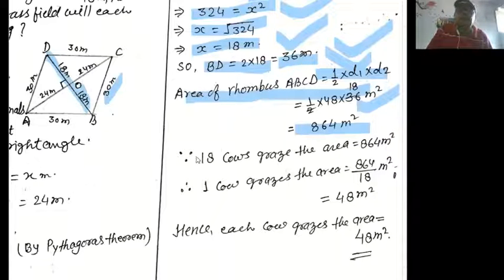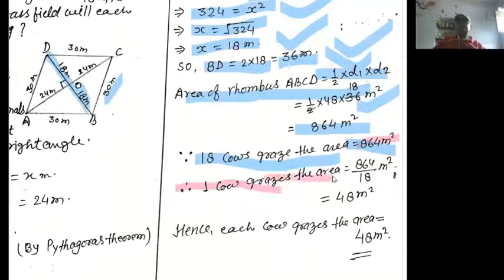Because 18 cows graze the area, 18 cows graze the area of green grass equal to 864 meter square. Therefore, one cow will graze area of the green grass equal to 864 upon 18 equal to 48 meter square.